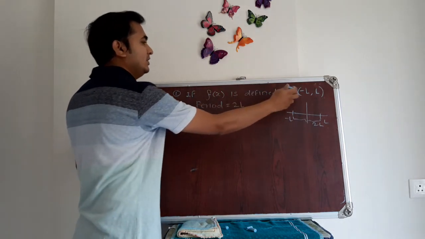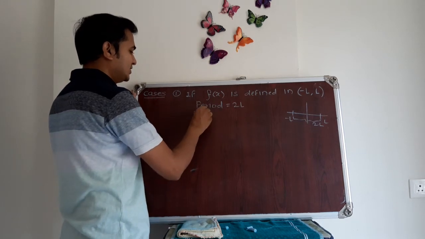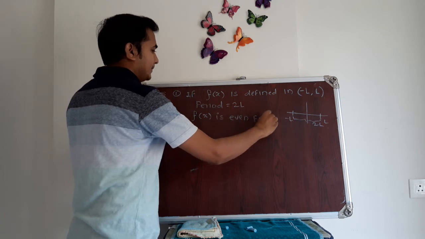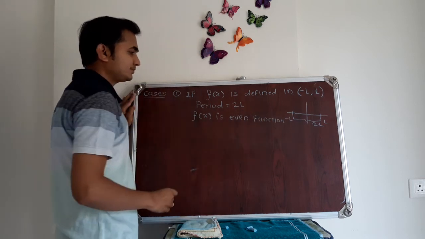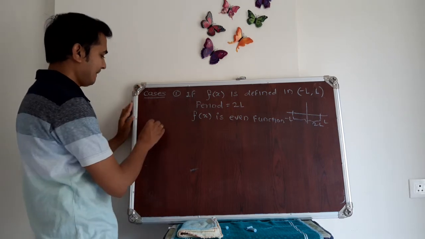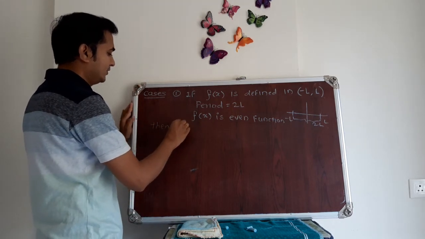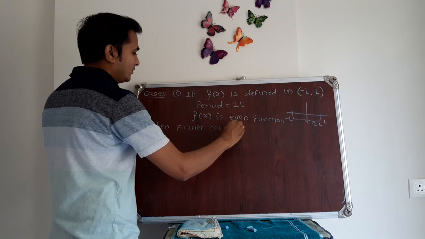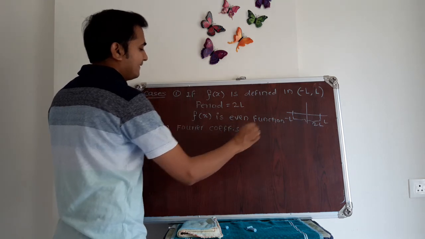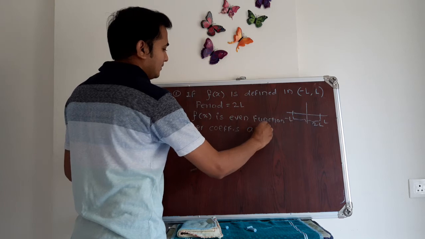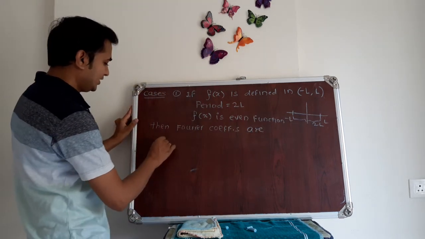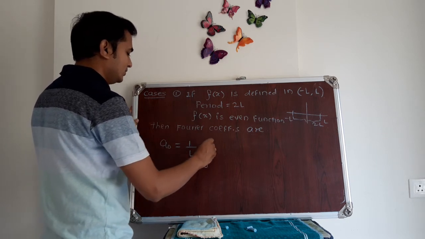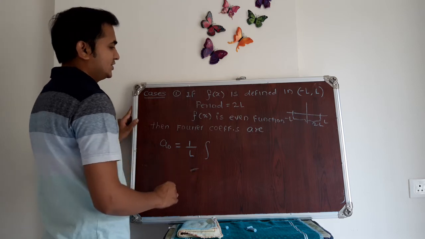If f of x is defined in minus L to L and f of x is an even function, then the Fourier coefficients are: a naught is 1 by L integral from c to c plus 2L.